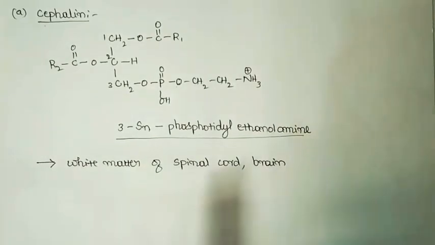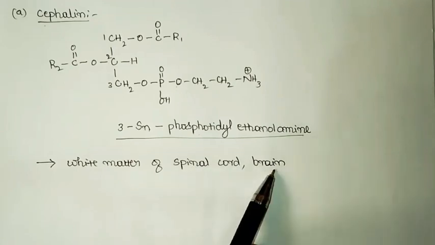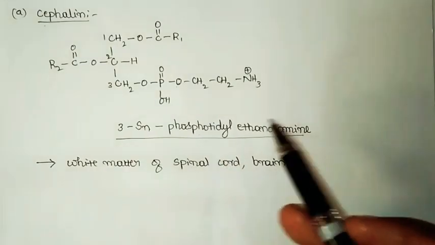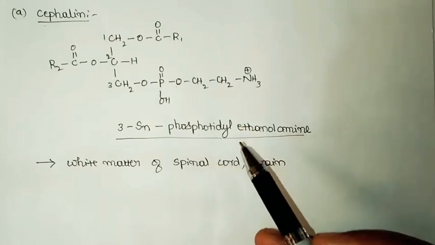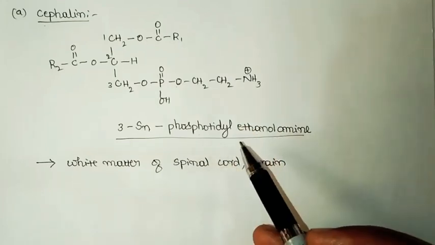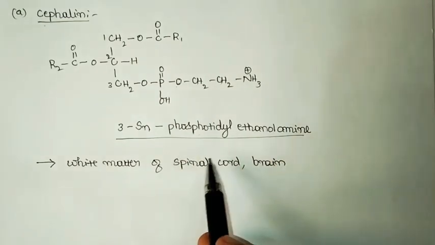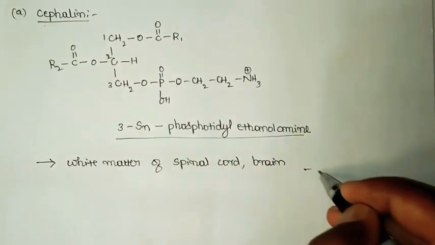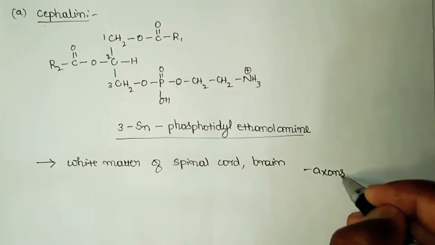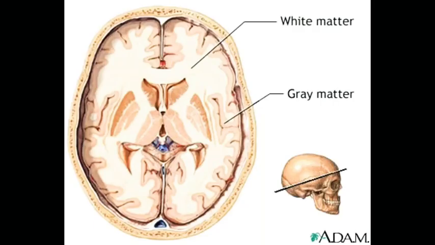And we know that the white matter present in the spinal cord as well as the brain improves the speed and the transmission of electrical nerve signals along extensions of the nerve cells, which we also call axons.